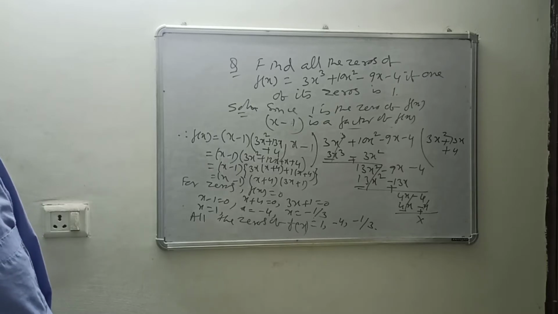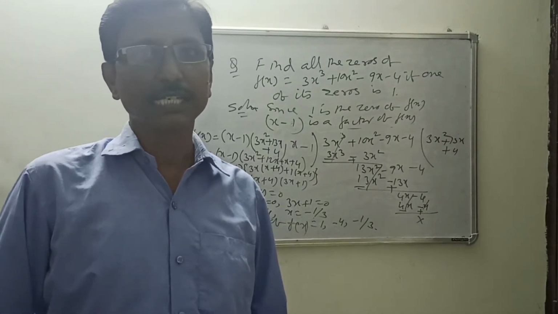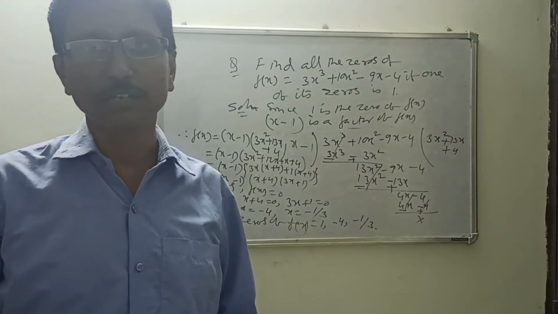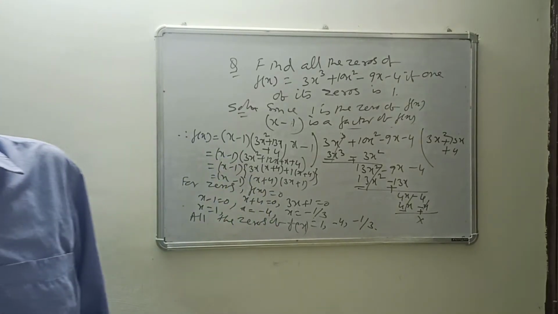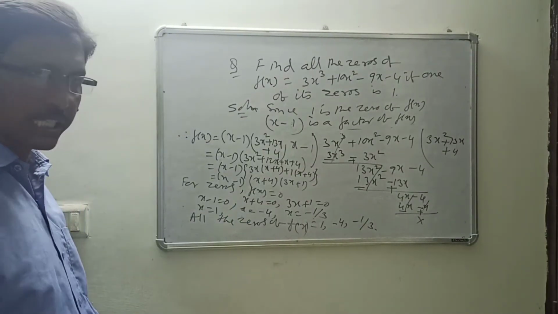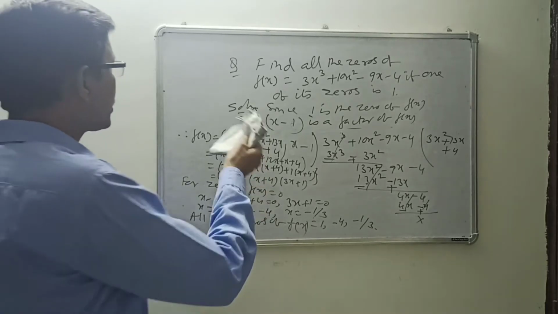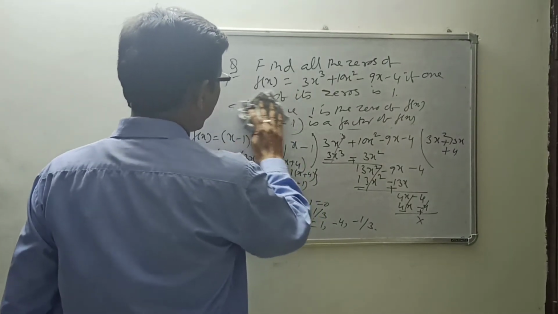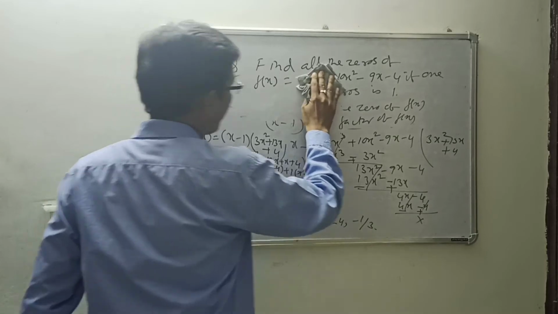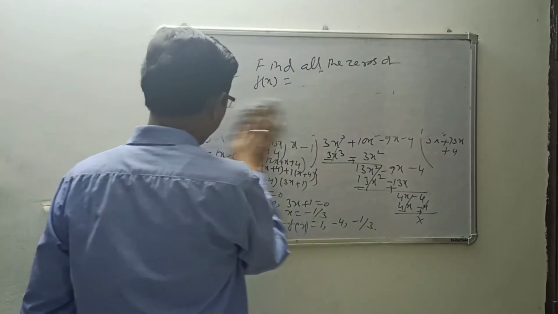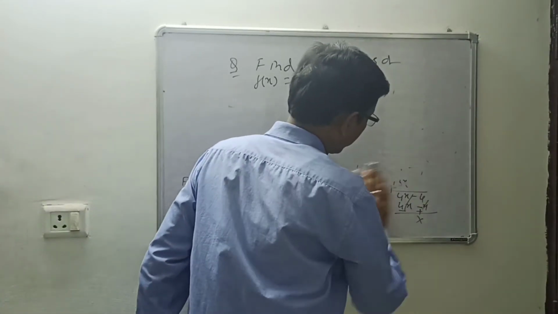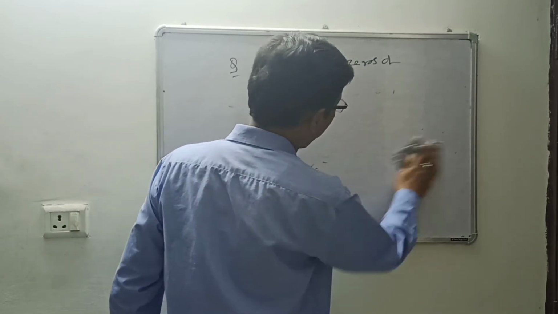Similarly, one more question we would like to discuss is for a 4th degree polynomial. In the 4th degree polynomial, the same process is to be followed. Find all the zeros of the polynomial. Suppose you have a 4th degree polynomial, which usually has 4 zeros.